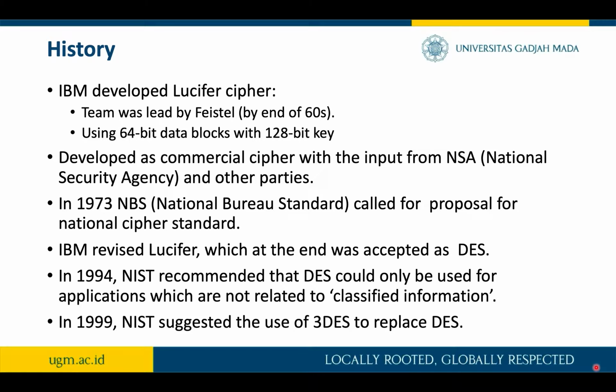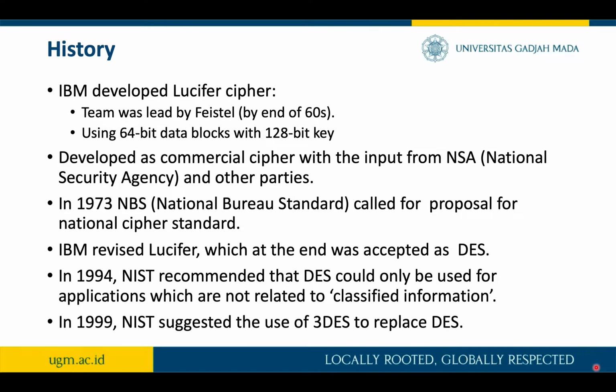After that, in 1973, there was a call for proposal for a national cipher standard by NBS. For the proposal, IBM revised Lucifer. Then it was accepted as the standard.